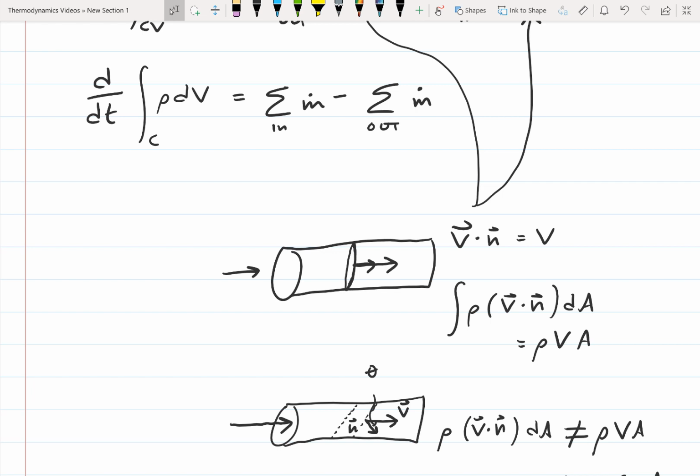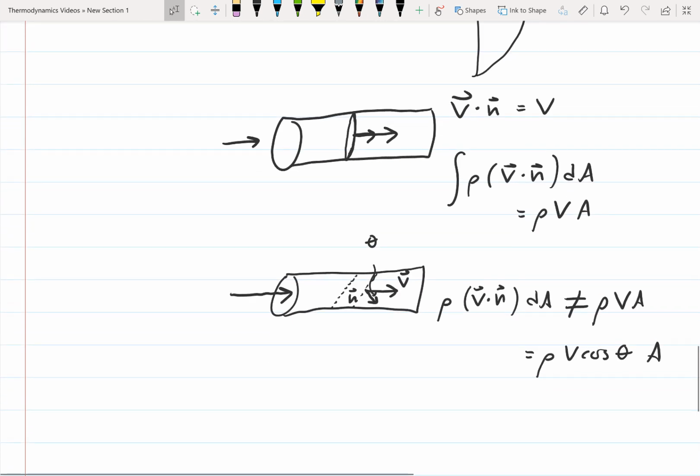And in most of the problems in this class, it's going to be pretty straightforward how to orient your control volume, because usually we're going to be looking at flow through a pipe, and so it's pretty easy to orient your control volume so that the flow is normal to the surface of the control volume.